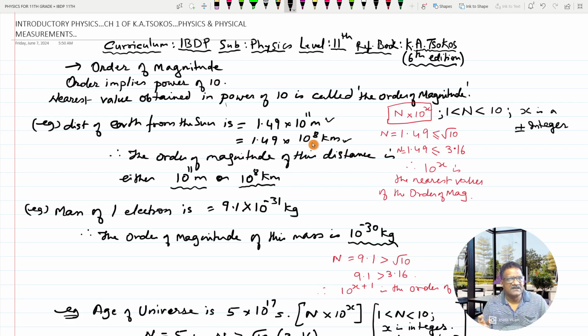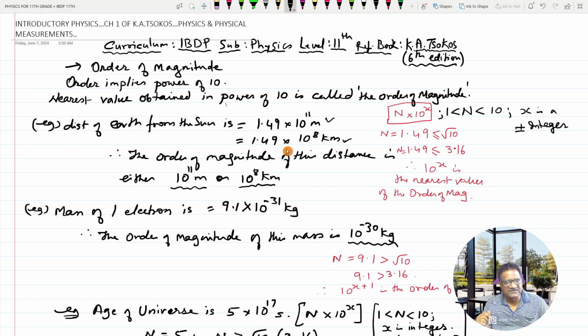Because 1000 meters will make 1 kilometer. So if you convert meter into kilometer, you only have to convert the power of 10 part. 10 raised to 11 meter, if you convert it into kilometer, will be 10 raised to 8 kilometer, right? So the distance of the earth from the sun is 1.49 into 10 raised to 11 meter, or 1.49 into 10 raised to 8 kilometer. Both are correct.